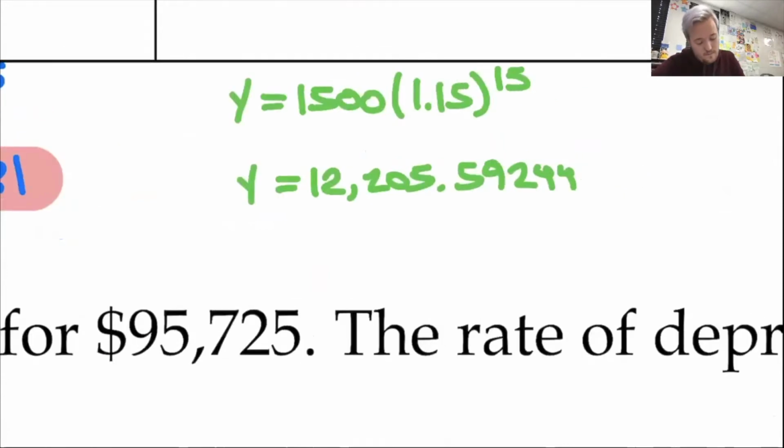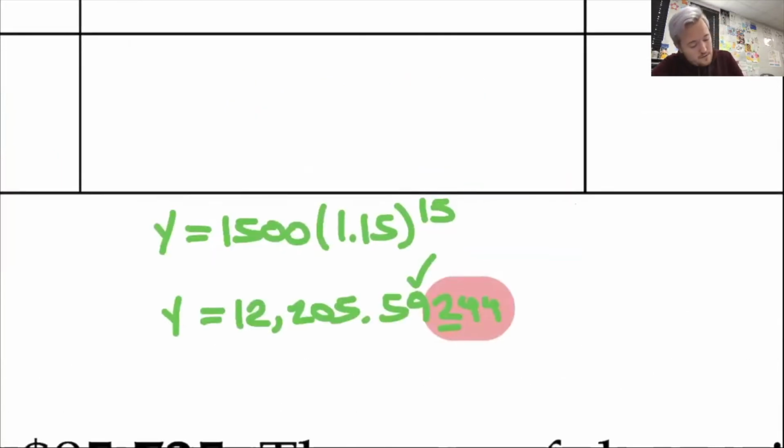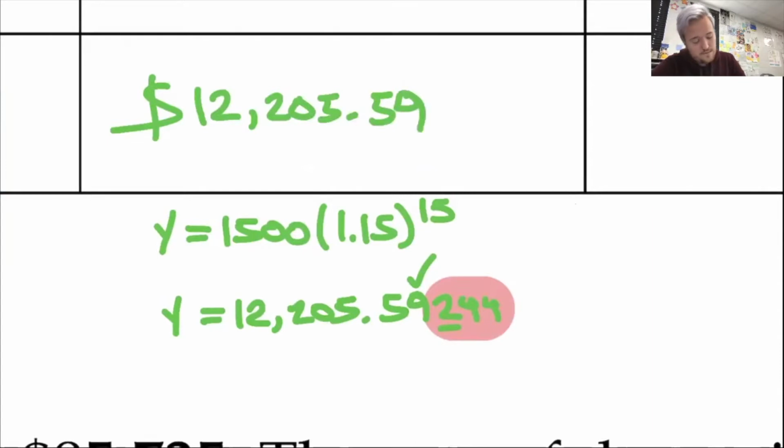Once again, these decimal values we can't use. Because we have a 2, we don't round at all, so it just stays as 9. So the new price or value is going to be $12,205.59.